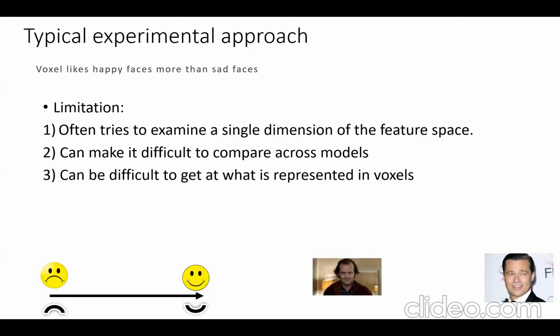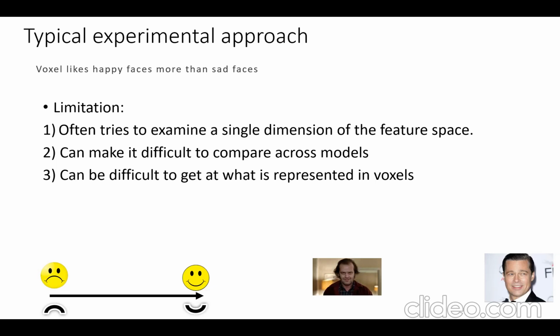So that tells us something, that this particular voxel that provides a high beta value, for example, cares about the distinction between happy and sad faces. However, the problem is we don't really know what it cares about in these happy and sad faces. So we don't know what this region is representing in terms of the information.